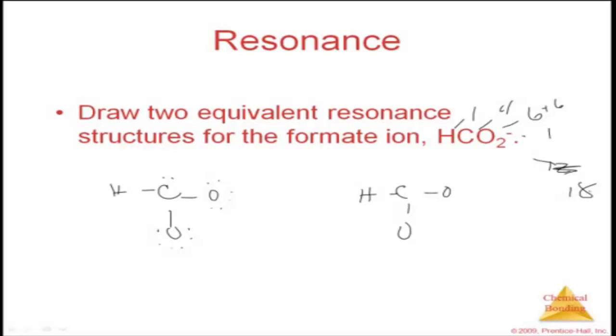Alright, that's 12 plus 4, yeah, 18. So I have 2, 4, 6, 8, 10, 12, 14, 16, 18, 20. Okay, so I need a double bond, and I'm going to take them away from there and put them here. I'm also going to do the same thing over here, because this is resonance, right? And then I put my lone pairs to give everybody a full octet, and that should do it. Okay, these are resonance, so I put them in brackets.